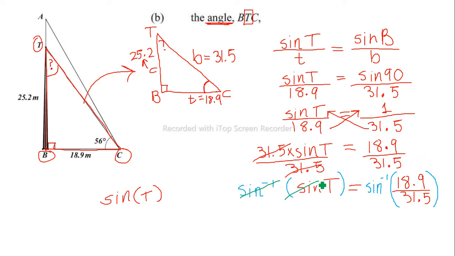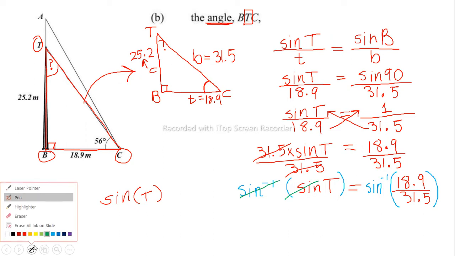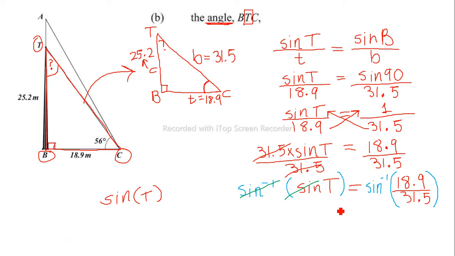The reason we do that is because we wanted to free t, to get t outside of this prison. And so now t is going to be equal to sine inverse of 18.9 divided by 31.5.